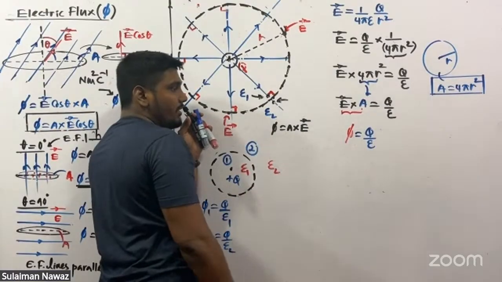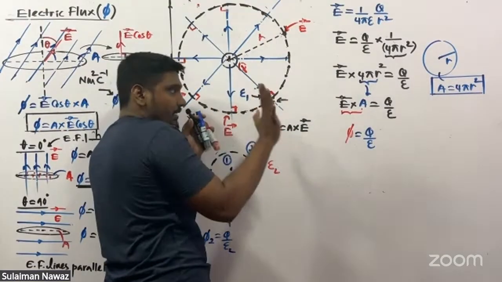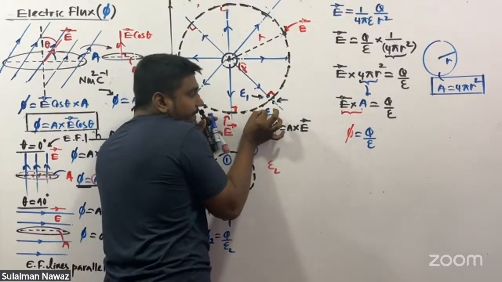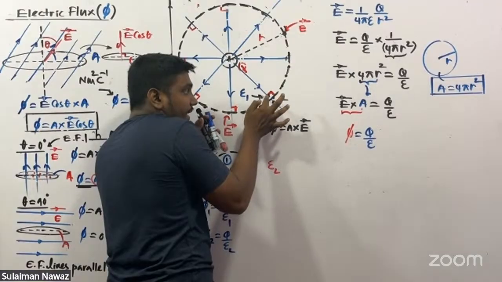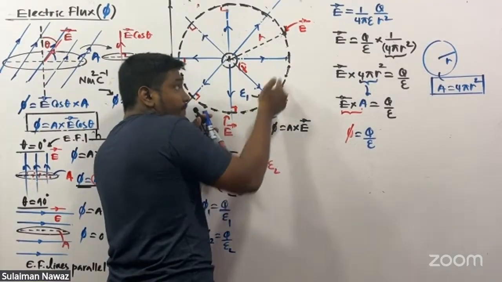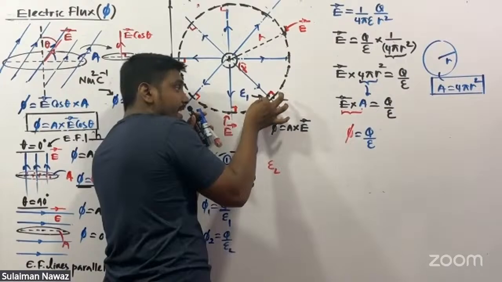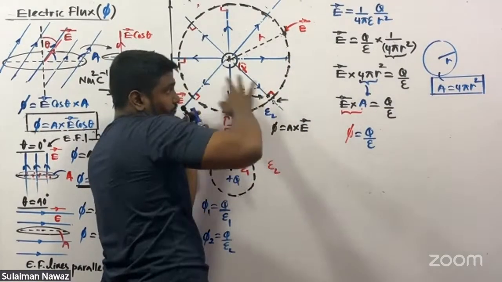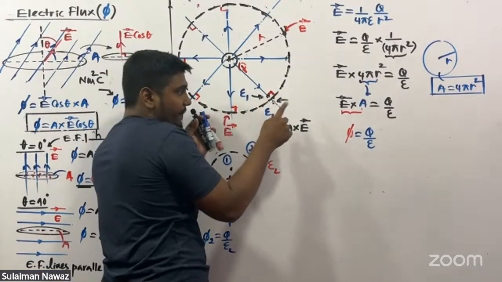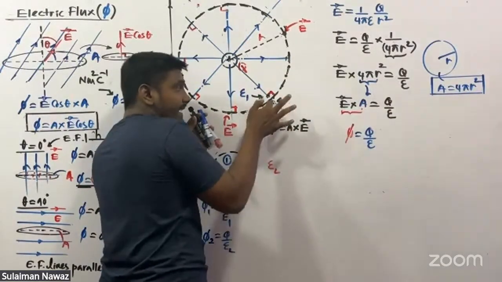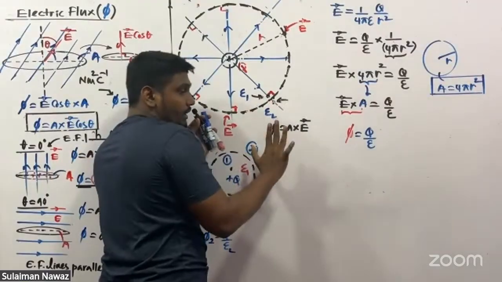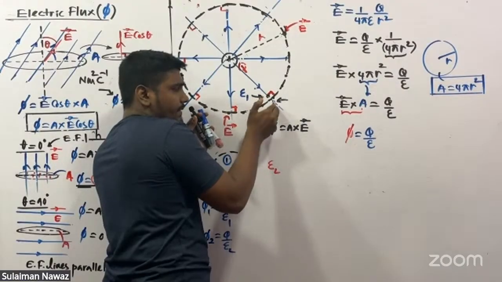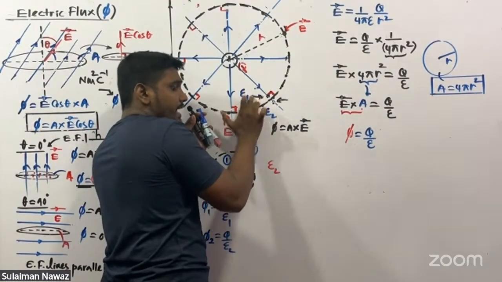No, right? Look at the story. When you consider an imaginary sphere just inside this boundary and an imaginary sphere just outside this boundary, almost the area is the same, and the intensity, capital E, is also the same. So according to this equation, different mediums have the same electric flux.